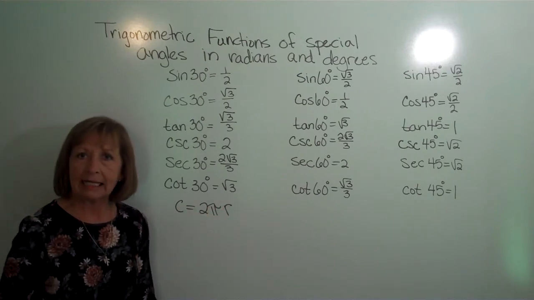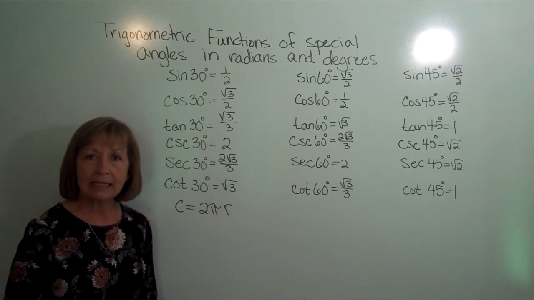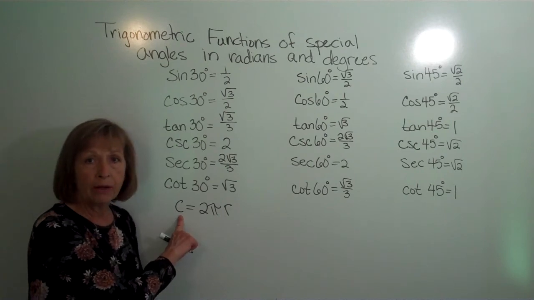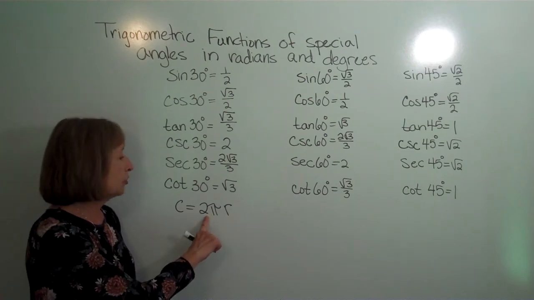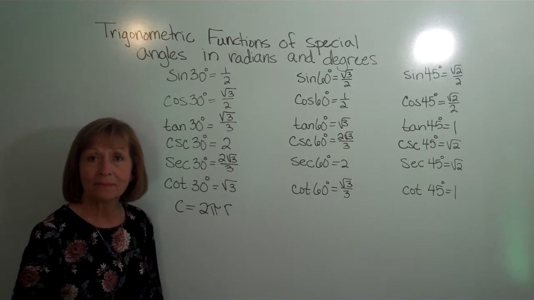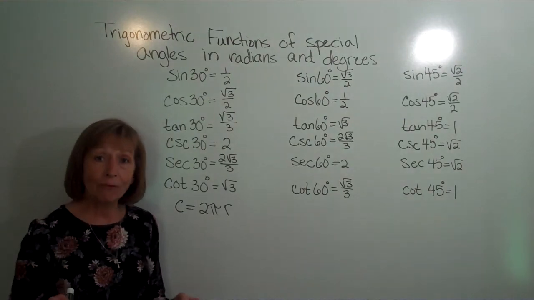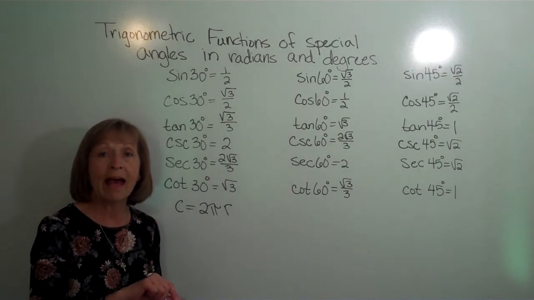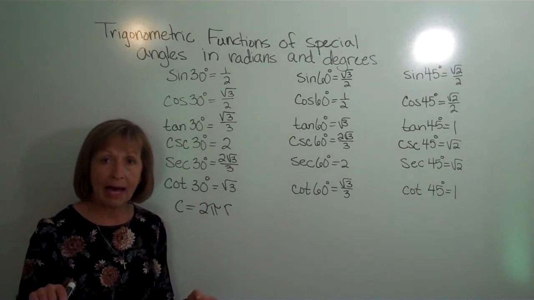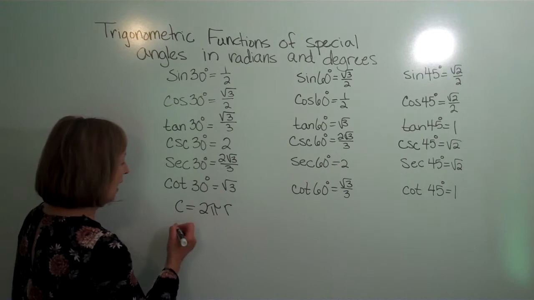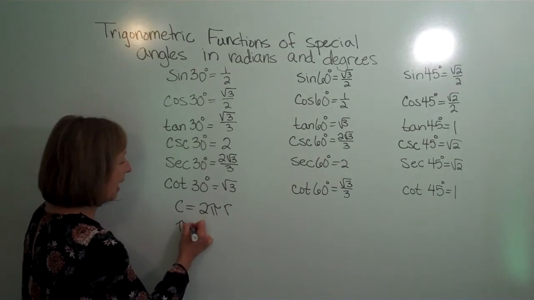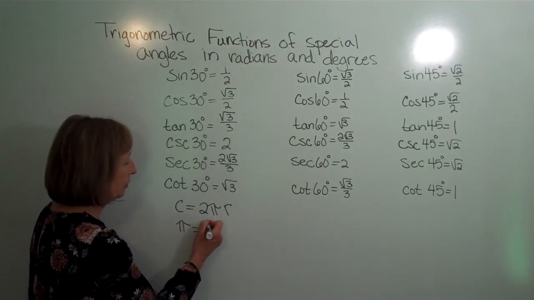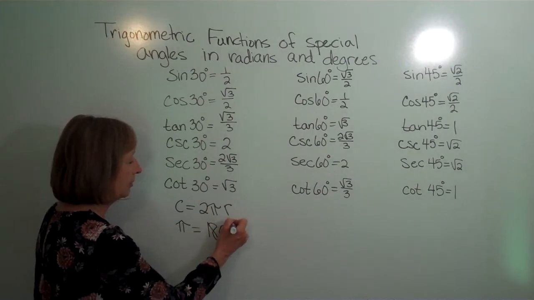Well, if I'm looking at an angle measurement in radians, then going all the way around the circle gives me 2 pi radians. If I go halfway around the circle, I have 180 degrees, or half of 2 pi, which is pi radians. So we had that equivalency that pi radians is equal to 180 degrees.